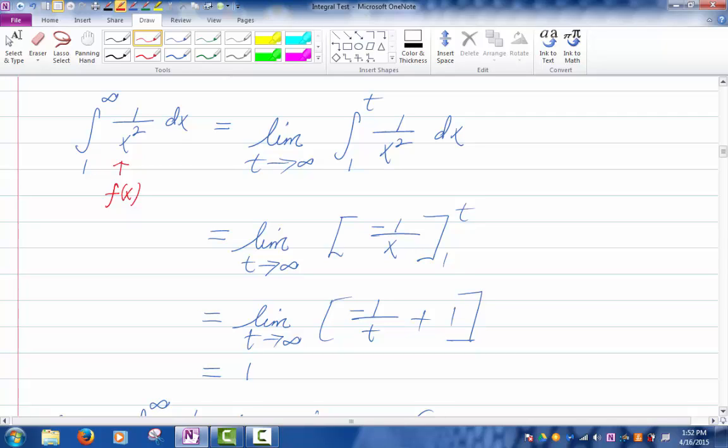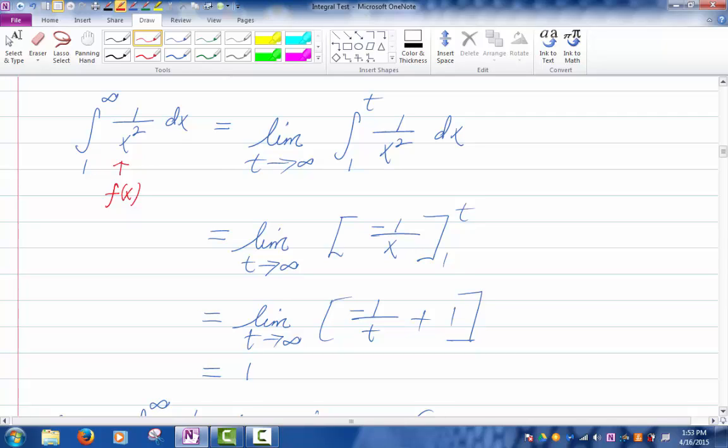What's the antiderivative of 1 over x squared? You're talking about 1 over x. Log x is the antiderivative of 1 over x, right? So we have 1 over x squared.